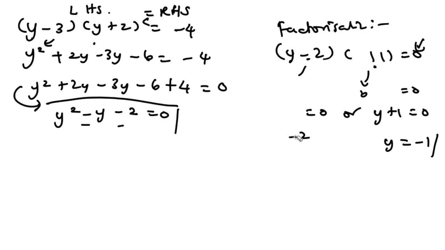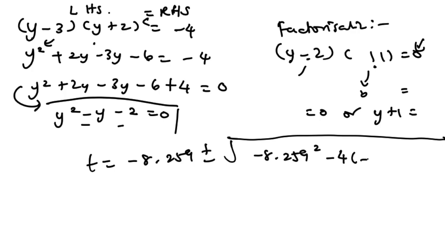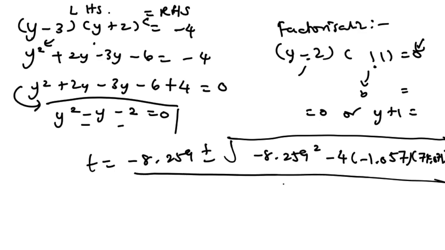So your t should look like this: t equals minus 8.259 plus minus square root of minus 8.259 squared, minus 4 times a, which is minus 1.057, multiplied by c, which is 74.071, close bracket, the whole thing divided by 2 times a.